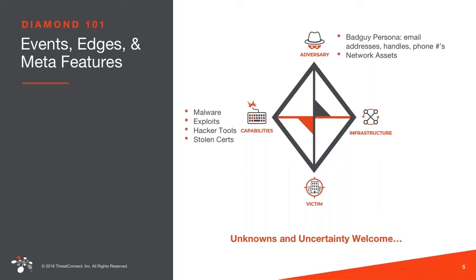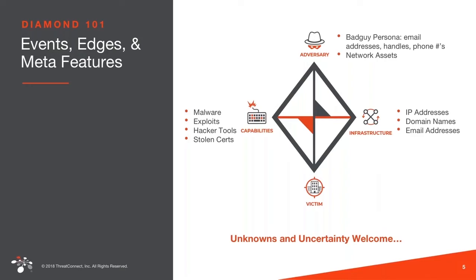Next, the capabilities. So these are, you know, very broad spectrum: malware, the exploits that enable that malware, hacker tools that they might use once they've penetrated a network, or other things such as stolen certs. Over on the infrastructure side, this is typically the internet-based infrastructure leveraged to deliver capabilities or carry out attacks.